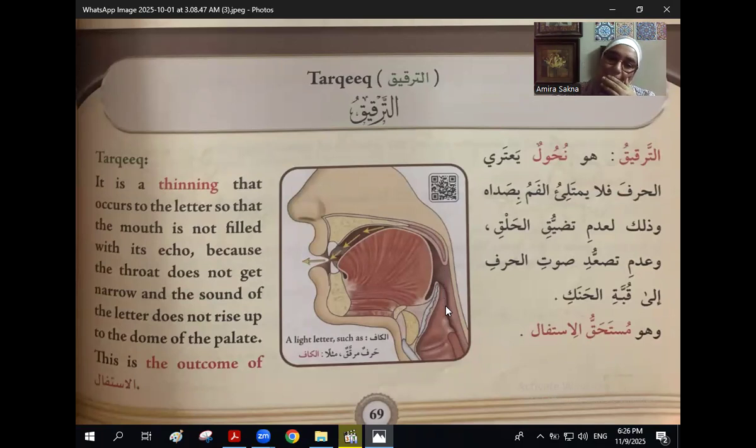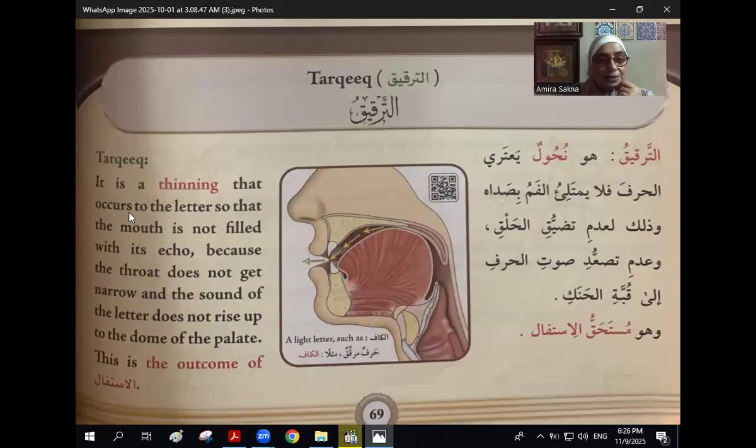Okay? Let's read about ترقيق from the book. ترقيق, it is a thinning. Over there, it was fattening. And those are the terms of phonetics.